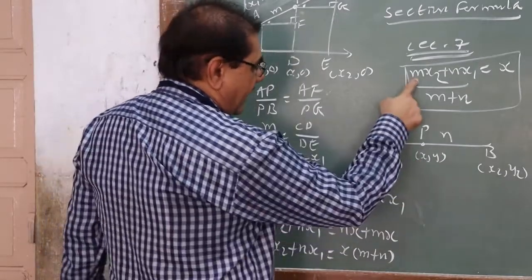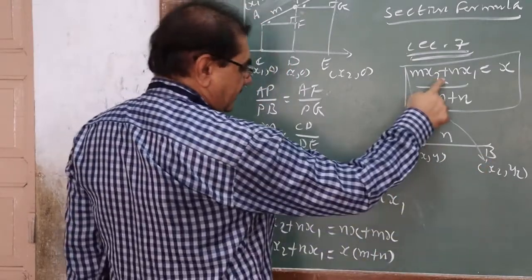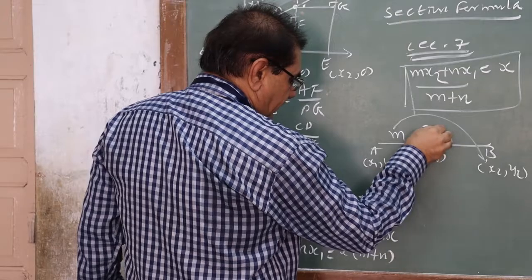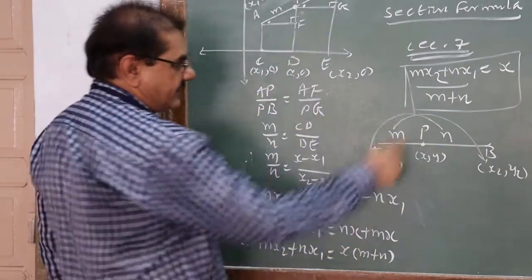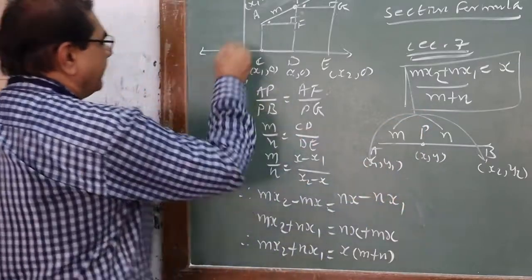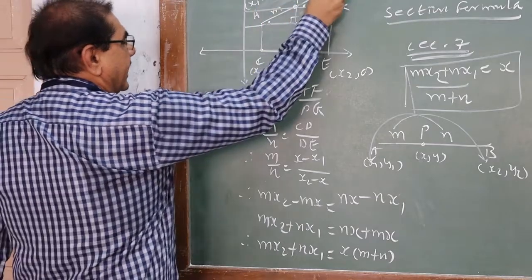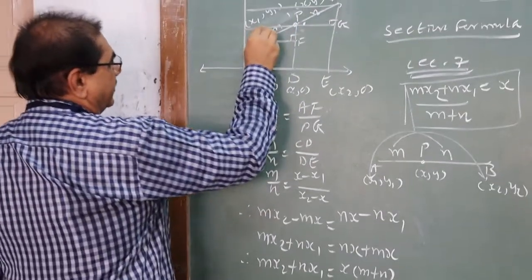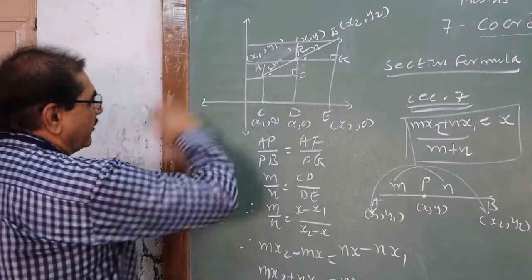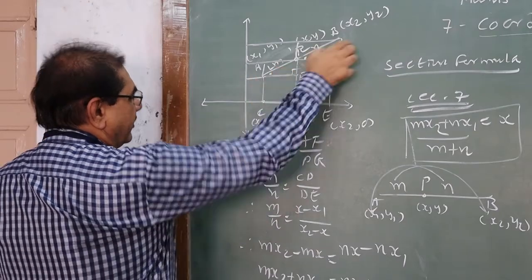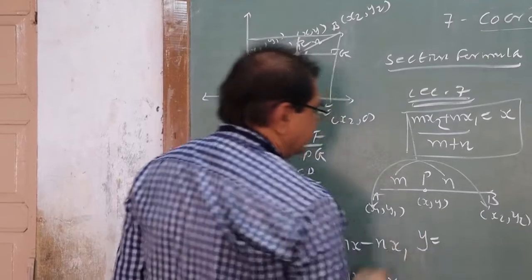X is m into x2 plus n into x1, whole upon m plus n. In the same way, if you go to the y-axis like this, from here and from here, and you prove that these two triangles are similar by AA postulate, and you take the corresponding side ratio AM upon AN, then what answer do you get? I write here. You can try this on your own, it is very easy.